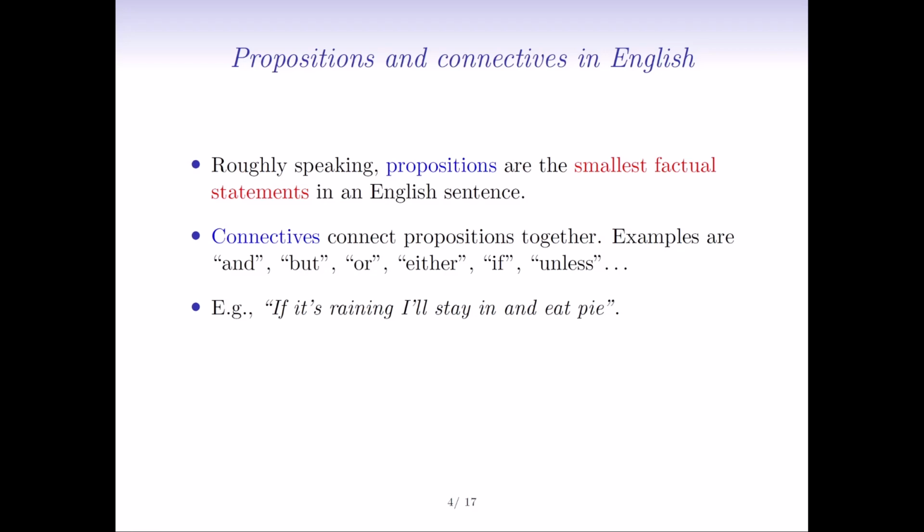Sometimes the exact proposition can't be precisely read off from the English sentence, but it's somehow implicit. So, for example, I'll eat pie is got by extracting it like that. So the propositions are: it's raining, I'll stay in, and I'll eat pie.